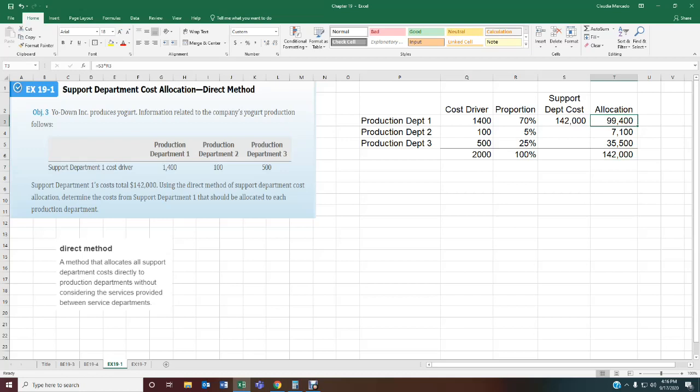For production department 2, I'm going to allocate $7,100. And for department 3, I'm going to allocate $35,500. So remember, you get your driver, calculate your proportion. Once you have that identified, you multiply your proportion times the cost that you're trying to split up into the different departments, and that's going to give you your allocation.